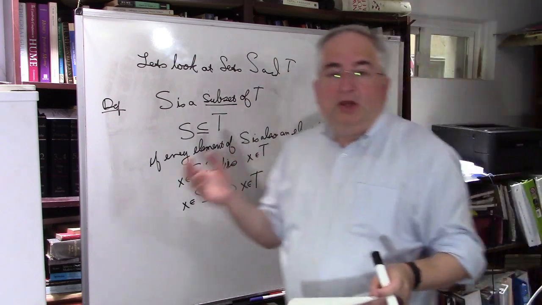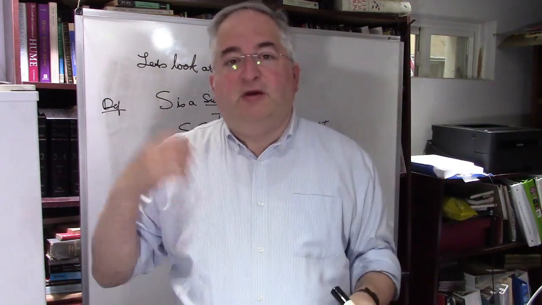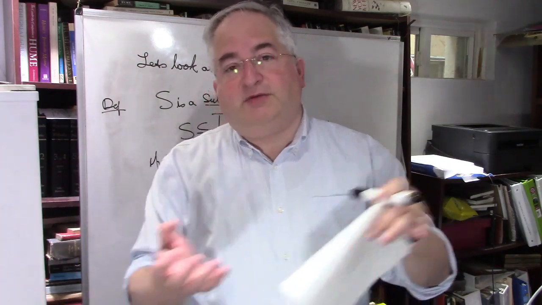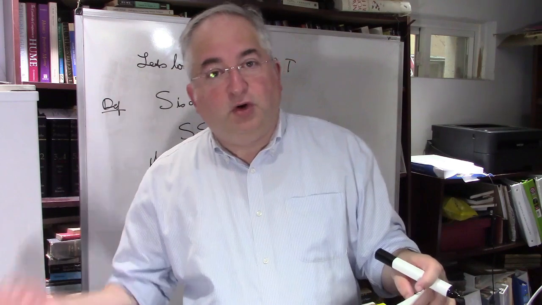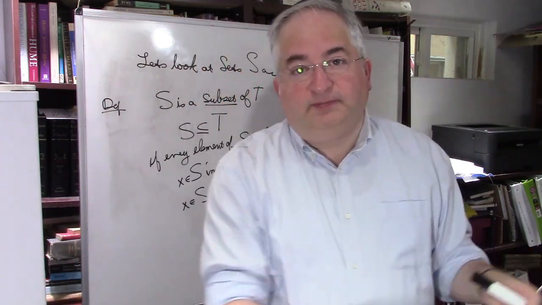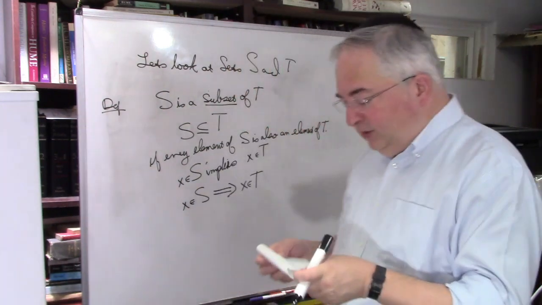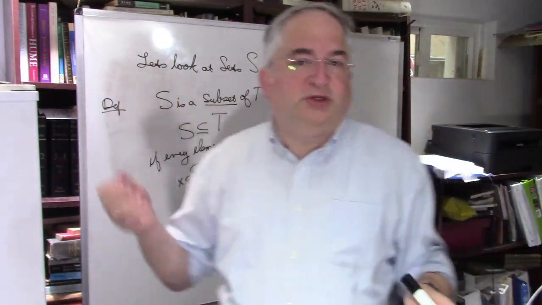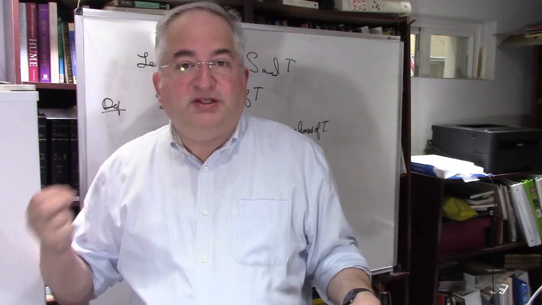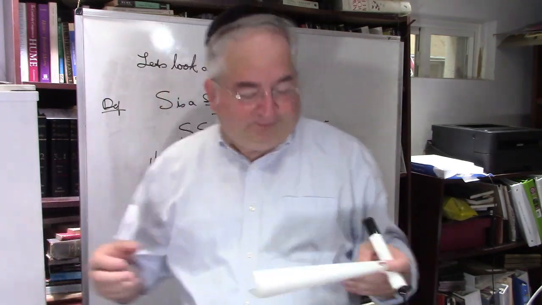So for example, you have the set of students in the class, you have the set of girls in the class. The girls in the class are a subset of the set of students in the class. Okay, why? Because every girl who's in the class is a student in the class. Okay, and again, we're just using the word subset as it is in English, but we're being exact and formal in the definition of what it means.